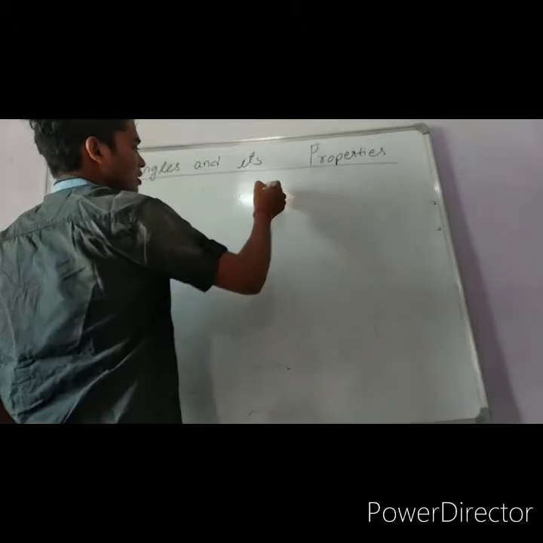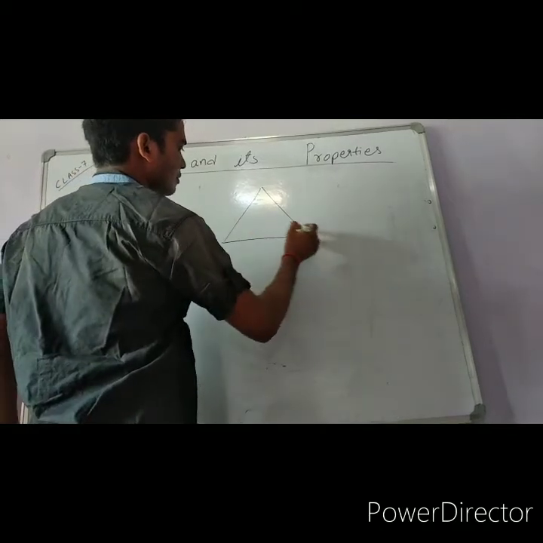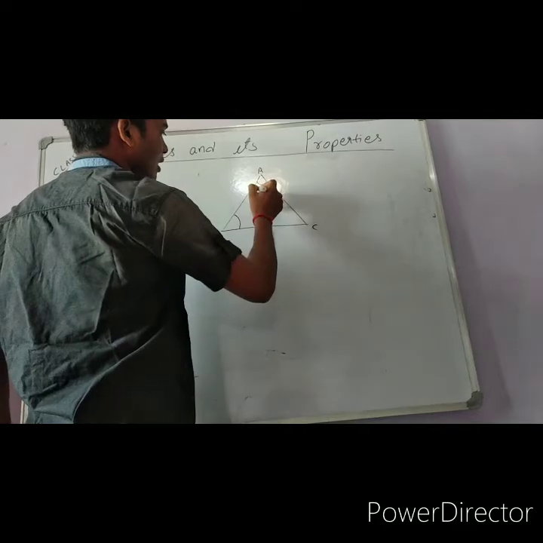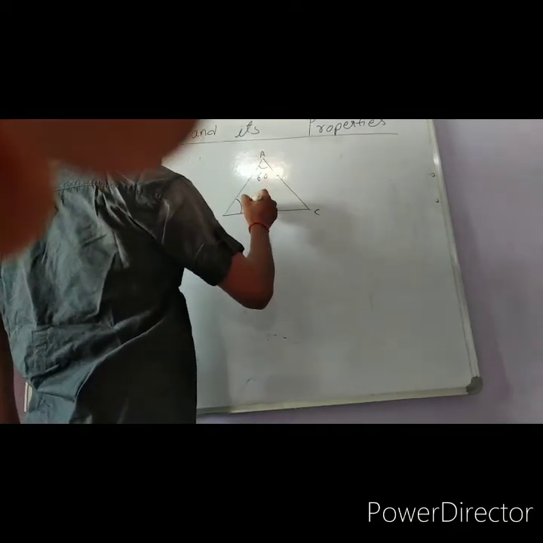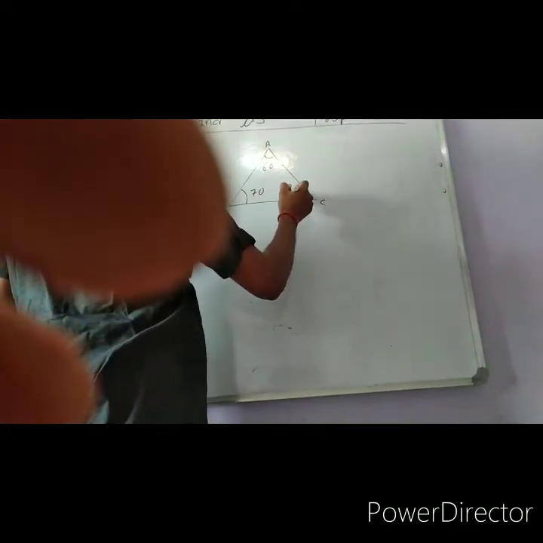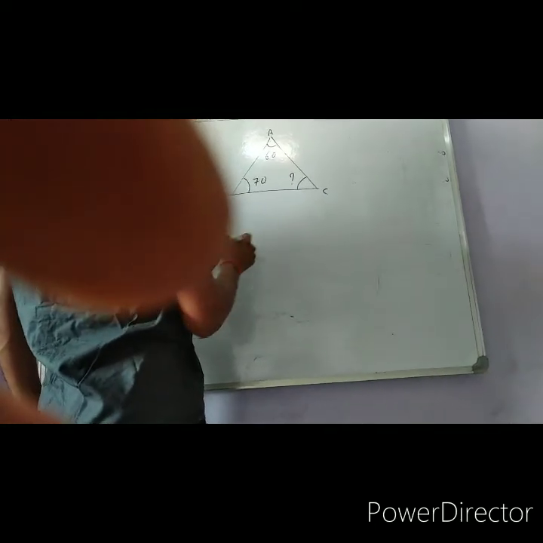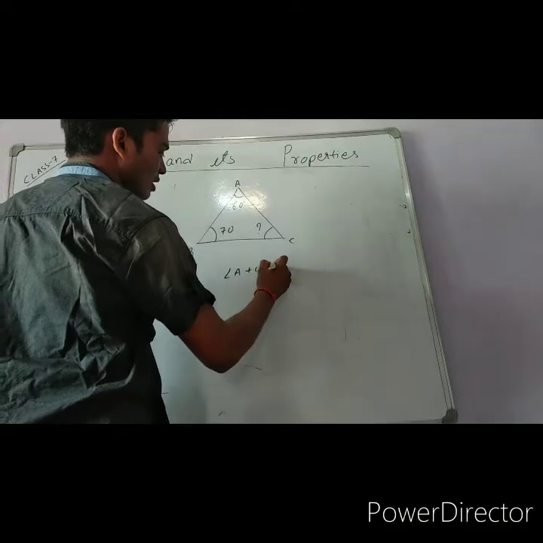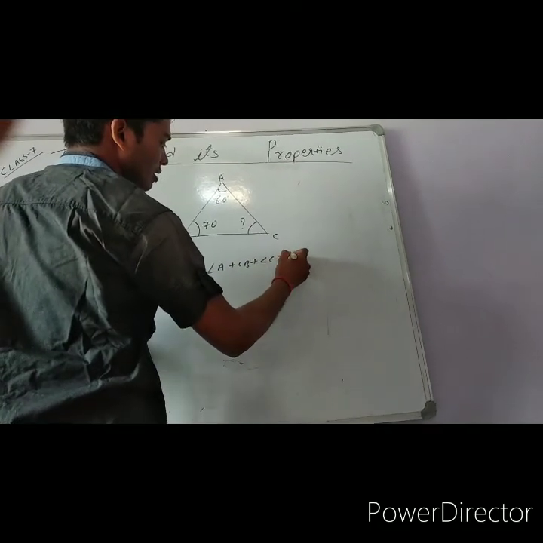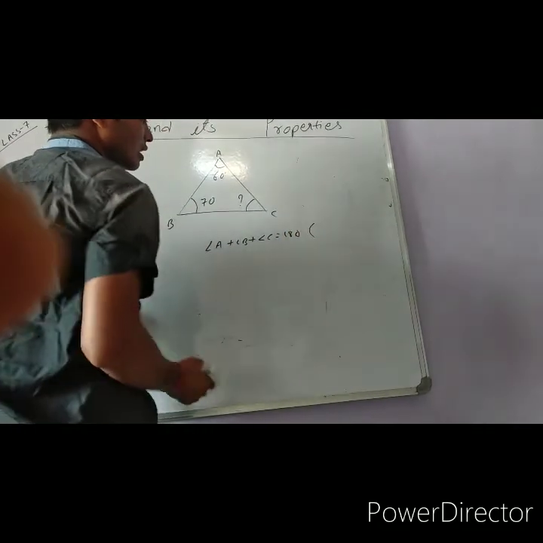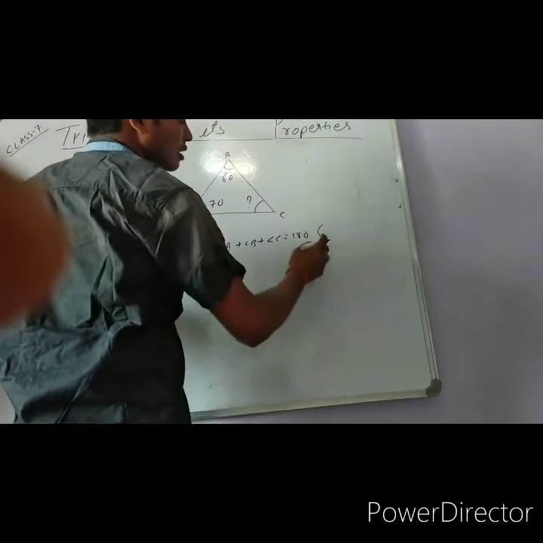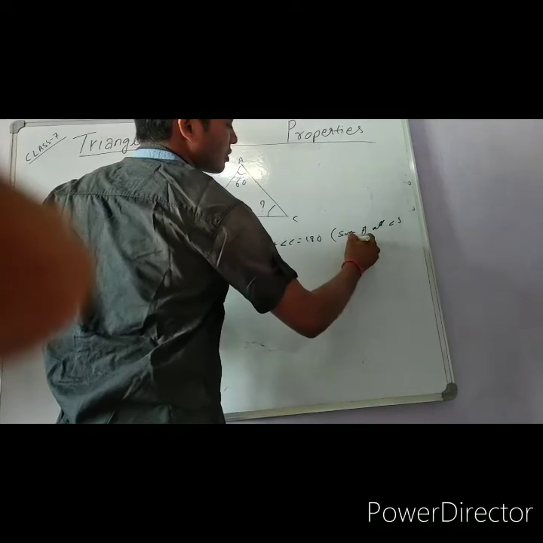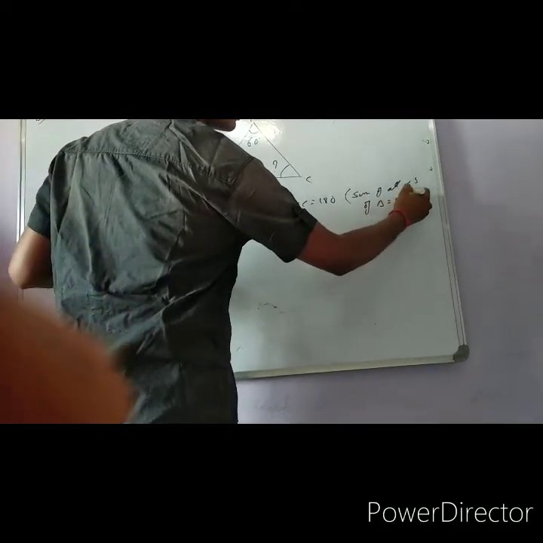For example, you are given that ABC is a triangle, and angle A is 60 degree, angle B is 70 degree, and you have to find angle C. So we know that angle A plus angle B plus angle C equals 180, because through the activity we are able to know that the sum of all angles of a triangle equals 180 degree.